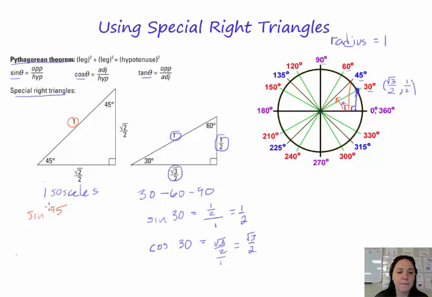Sine 45, per our definition, is the square root of 2 over the hypotenuse, which is still 1. So that's going to be the square root of 2 over 2, which once again is our vertical height. And cosine of 45 is going to be the adjacent side, this side right here, over the hypotenuse, which again is 1, so the square root of 2 over 2, and those will be the coordinates of this point here.